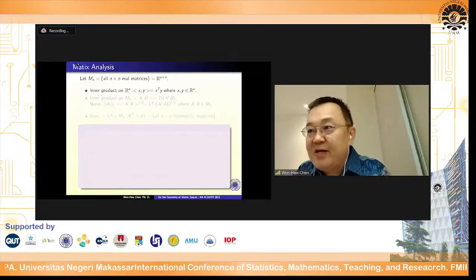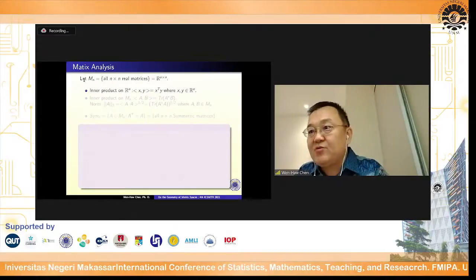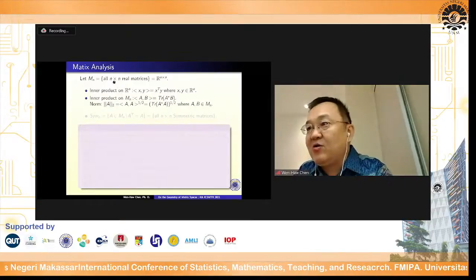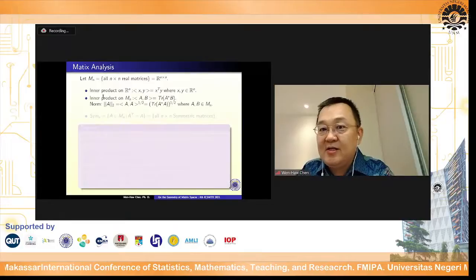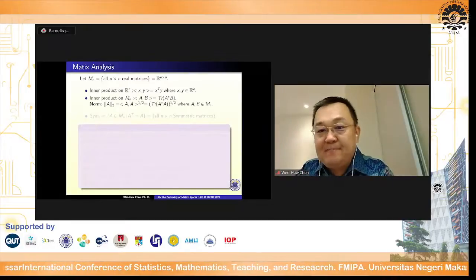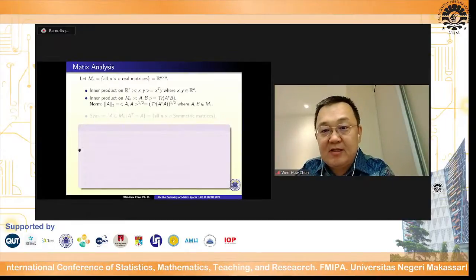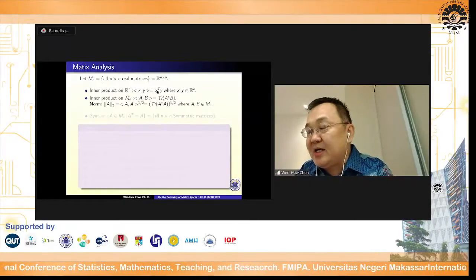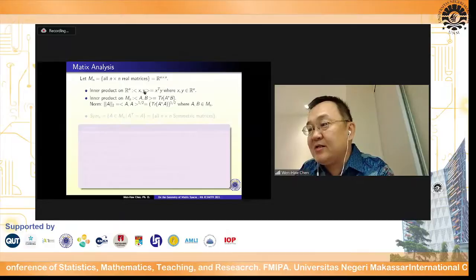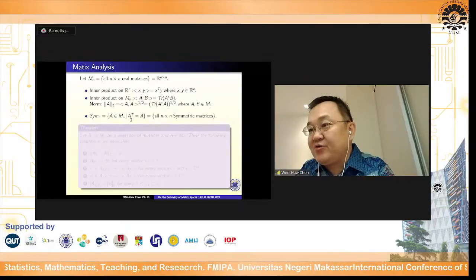Okay, and for the matrix analysis, we define a real matrix, and we can define the inner product. The inner product is just like X transpose times Y, and we define this symmetric matrix.